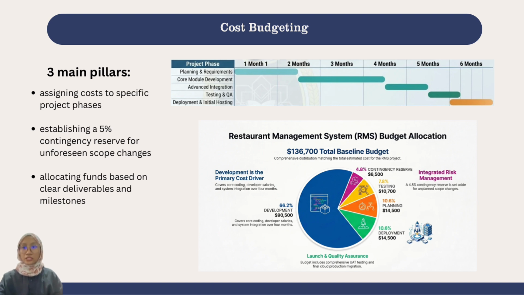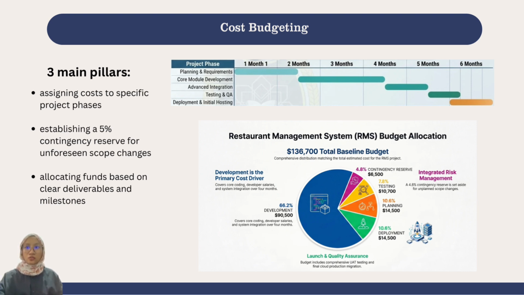Here we focus on the kitchen display system, KDS, and automated inventory tracking. Fourth, testing and quality assurance. We will run comprehensive cycles including user acceptance testing, UAT. And the last one is deployment. Finally, we migrate to the AWS cloud environment and onboard the restaurant staff.